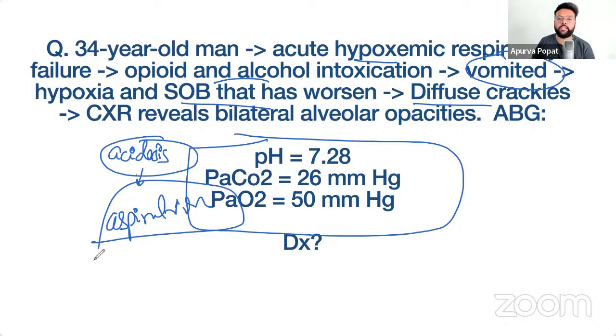Is it aspiration pneumonia or aspiration pneumonitis? Pneumonia. Think and tell me. Is it aspiration pneumonia or aspiration pneumonitis? This is happening abruptly, quickly. Pneumonitis. This is pneumonitis. And how do you differentiate aspiration pneumonia and pneumonitis?